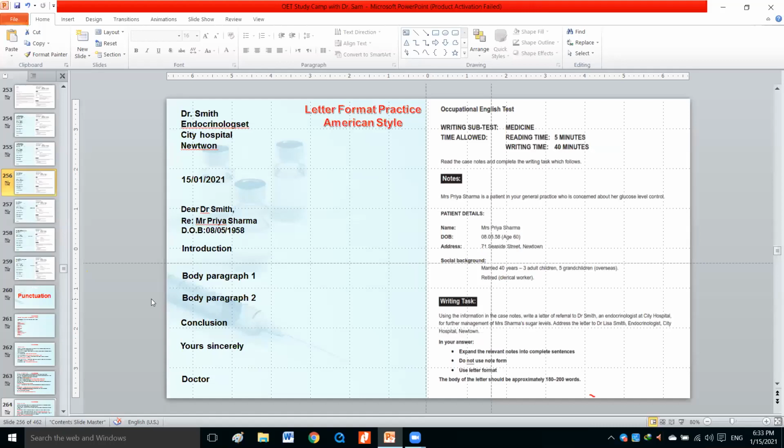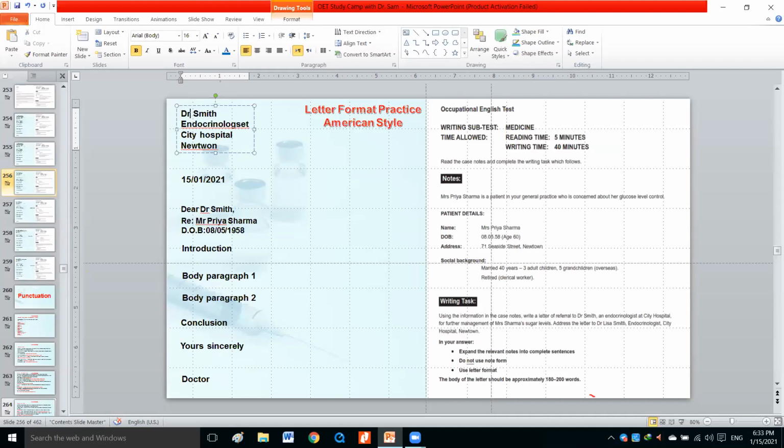First of all, with the name Dr. Smith, actually, it's incorrect. First of all, you have to remove this period, because in the address, don't include any punctuation. And as you see here, the full name of the recipient is Dr. Lisa Smith, not just Smith. We have to write the full name.